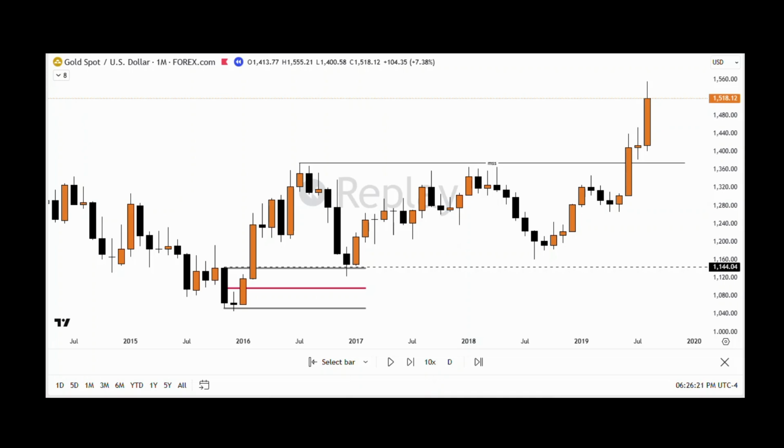Yes, the lower time frame simply represents price action within the existing block, but it's much easier to show. So right here, we have an order block. The reason it's an order block is because of these three criteria.